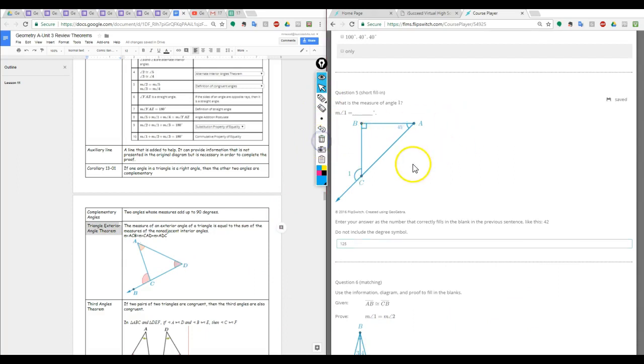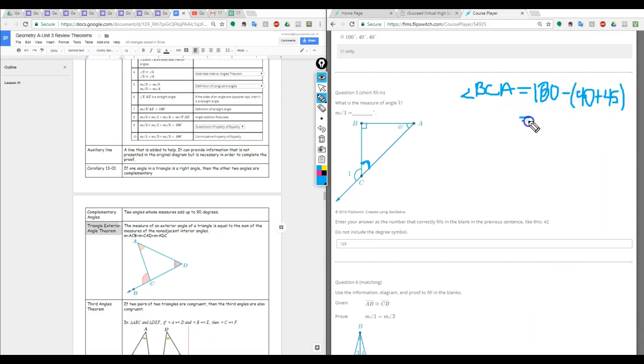The other way we can do it is we can find out what this angle is. Angle BCA is going to equal 180 degrees minus the sum of these two angles, which was 90 plus 45.